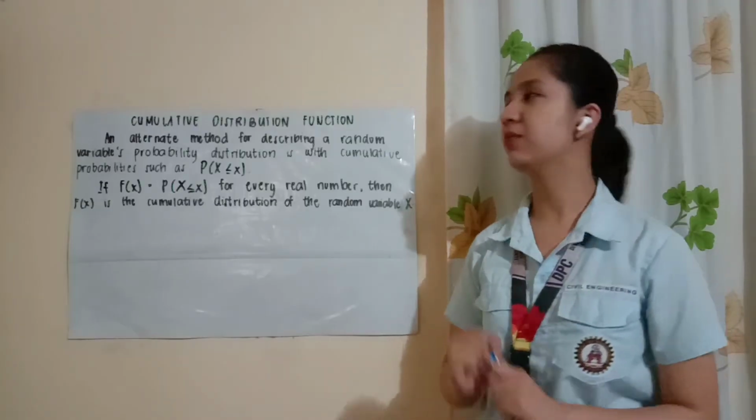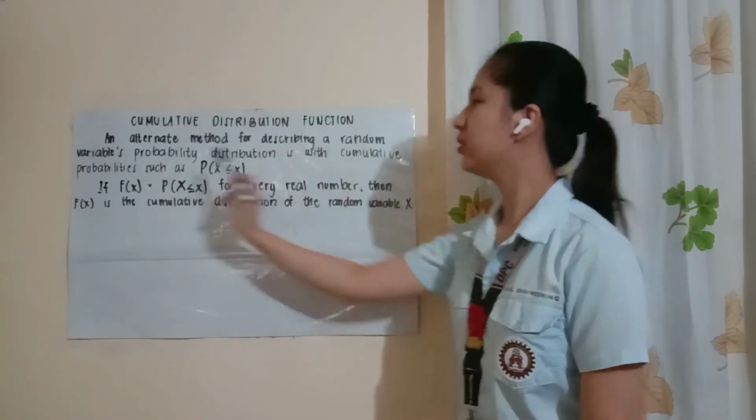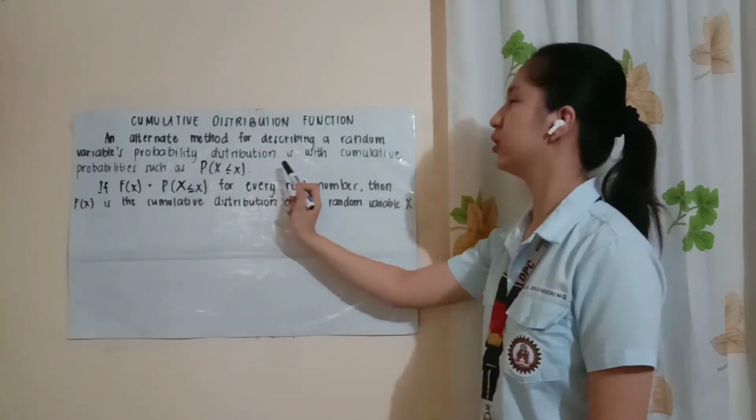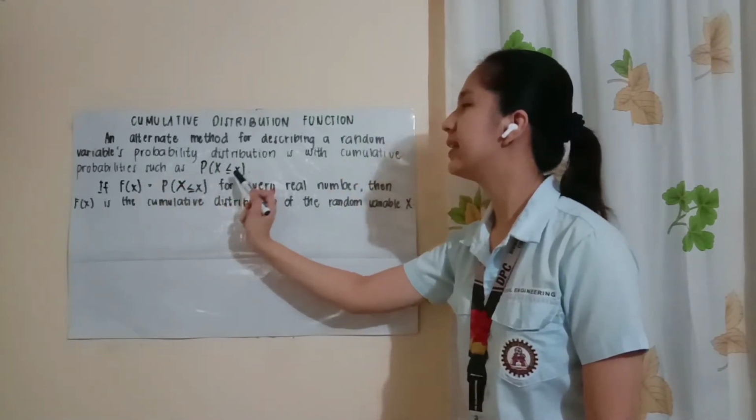So what is cumulative distribution function? An alternate method for describing a random variable's probability distribution is with cumulative probabilities such as P of x less than or equal to x. So paano ba yun?